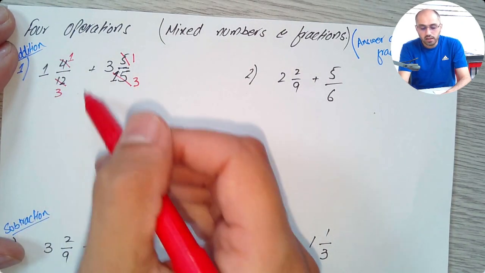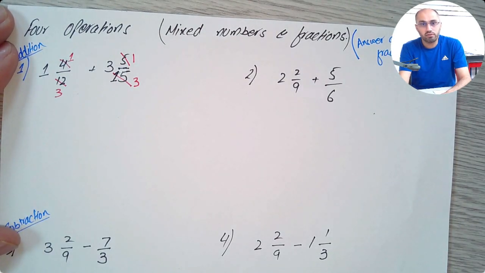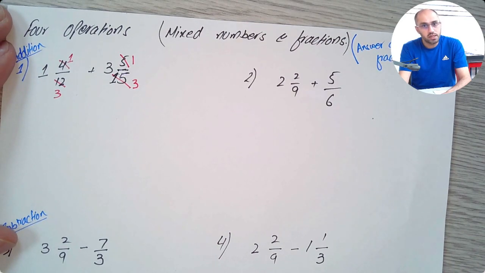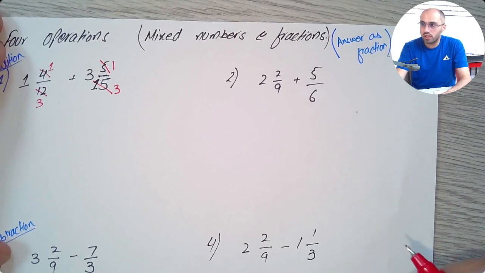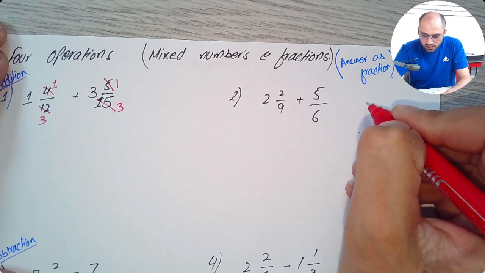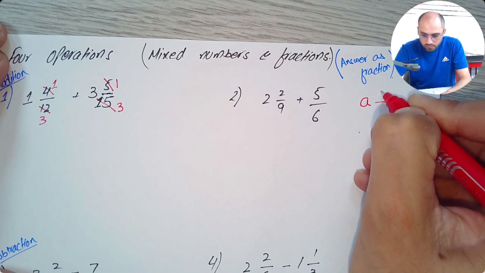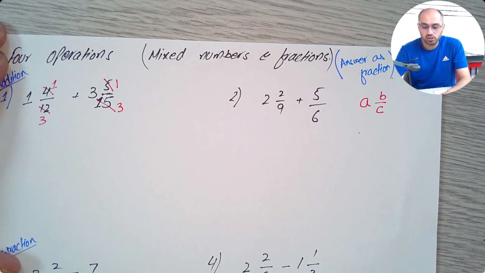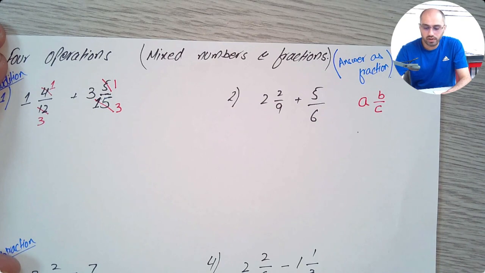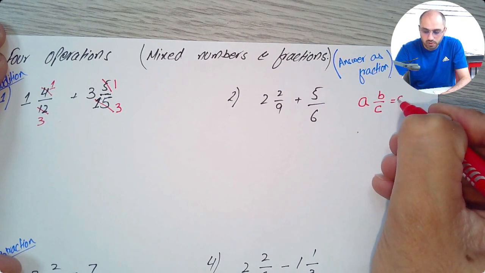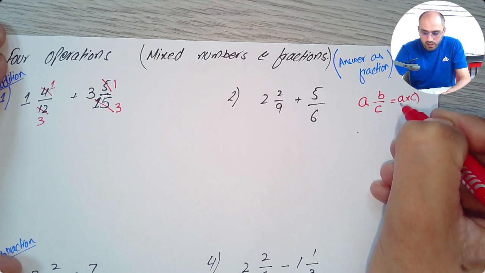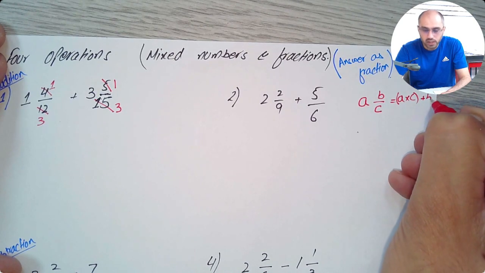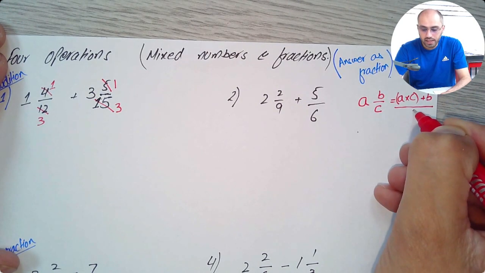Now I'm going to change this mixed number into an improper fraction. To change a mixed number into an improper fraction, we use this approach: I can say A wholes B portions over C is my mixed number, and I need to convert this into an improper fraction. So to convert this, we multiply A with C and then we add B to it, and our denominator remains the same.